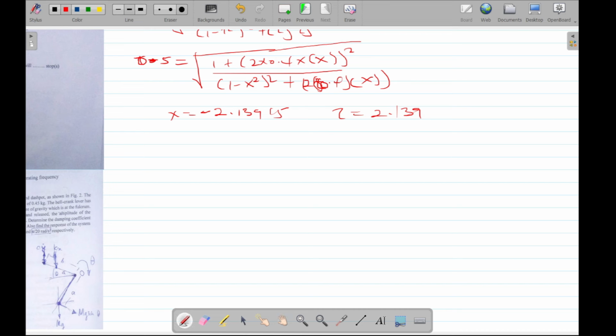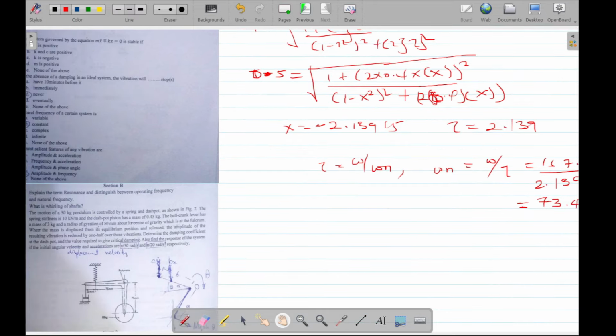Since tau is equal to omega over omega n, we can say omega n is equal to omega over tau, which is 157.08 over 2.139, and that gives us 73.422 rad per second. All right, so this gives us the natural frequency.